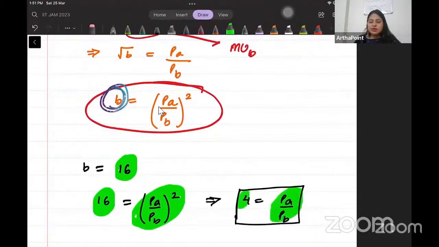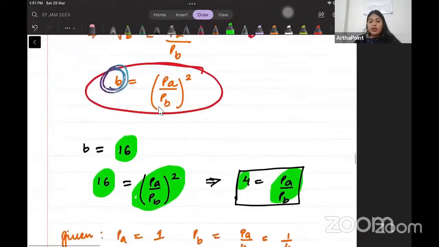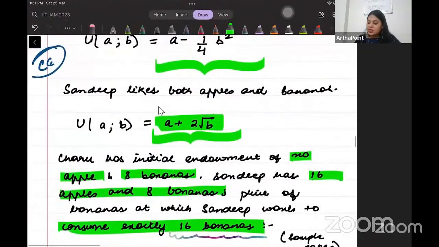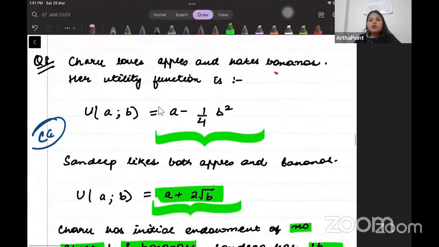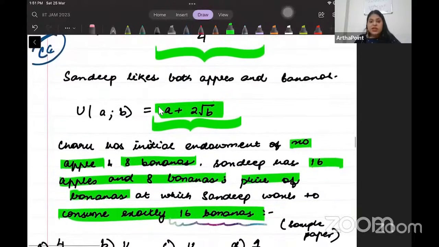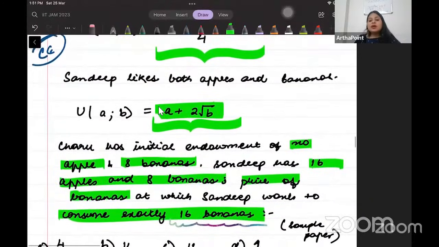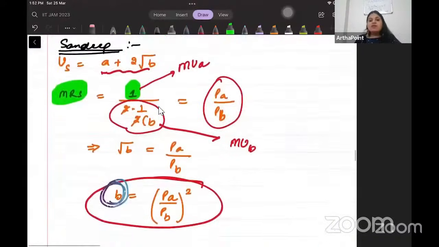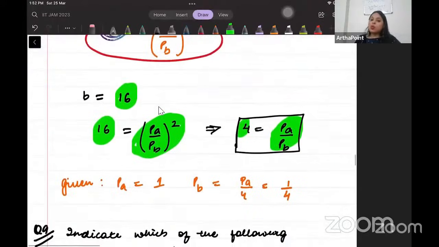This is what has happened here. Now, it tells me, if you go back somewhere, that we want to find the price of bananas. If I want to find the price of bananas, then I will keep the apple at the numerator price, which means I will keep PA at 1.